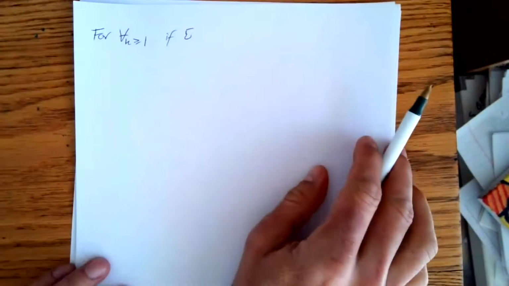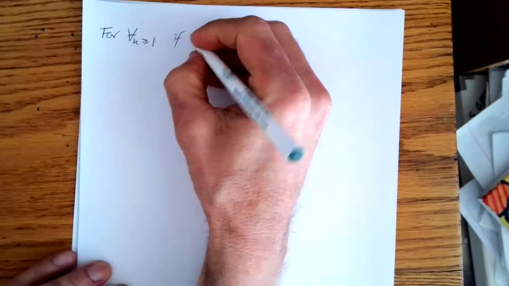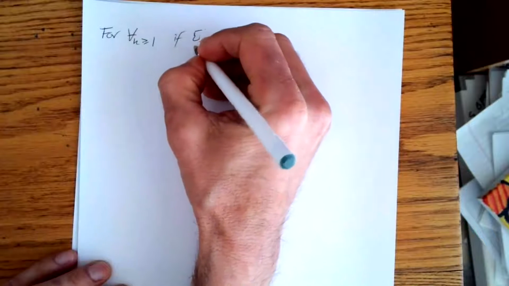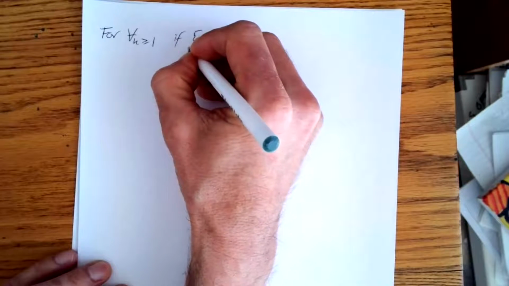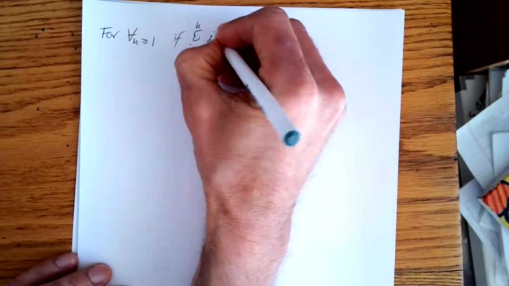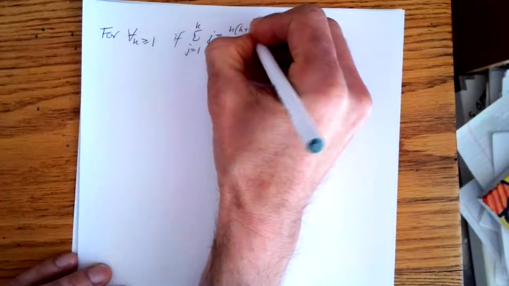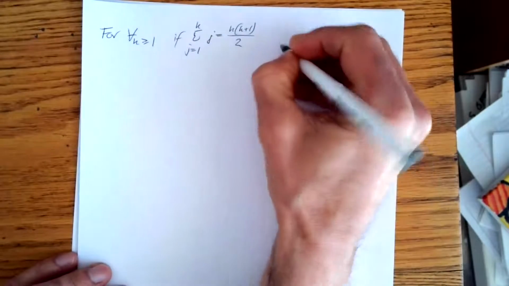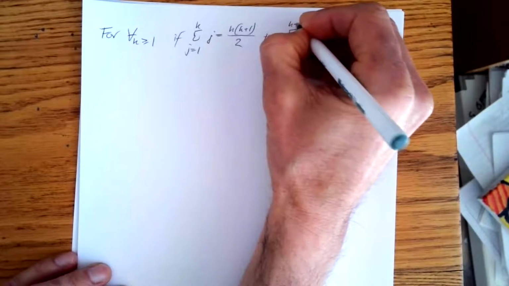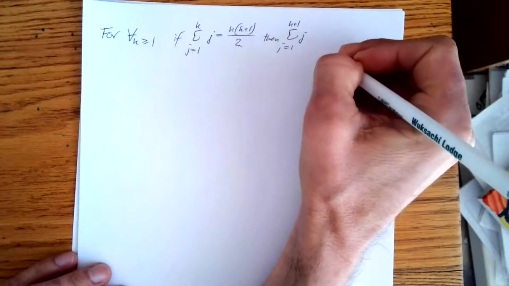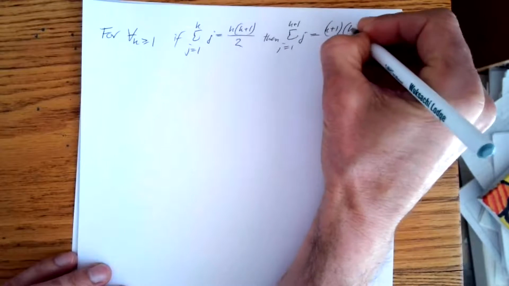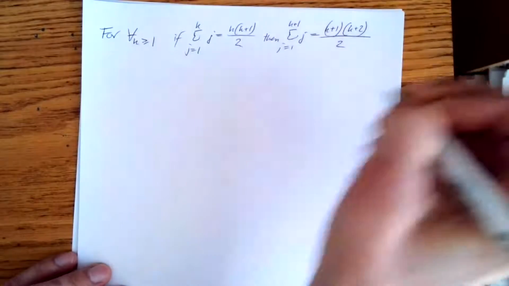So the proof is that this is what I want to prove. For every k from 1 on, if the summation from j equal 1 to k of j is equal to k times k plus 1 over 2, then the summation from j equal 1 to k plus 1 of j is equal to k plus 1 times k plus 2 over 2.